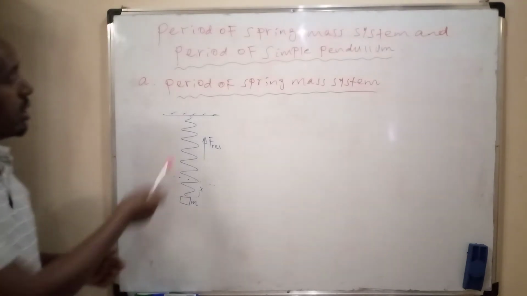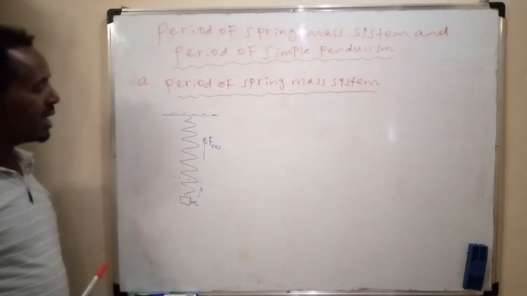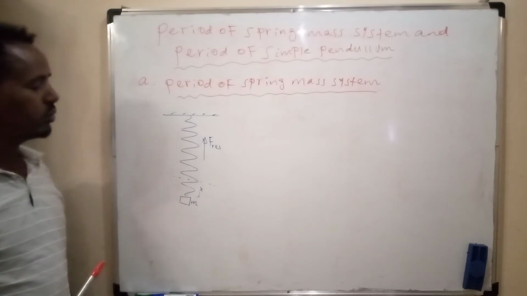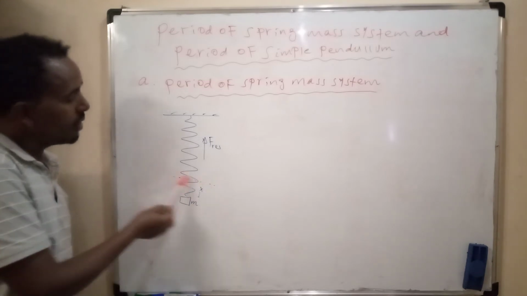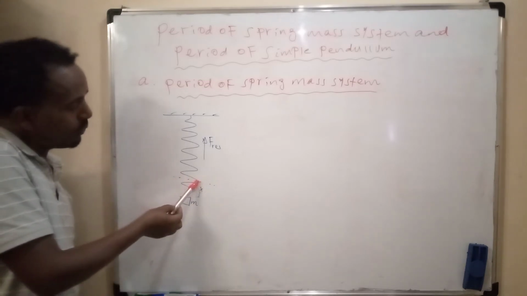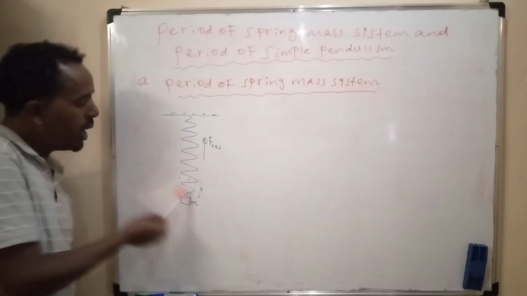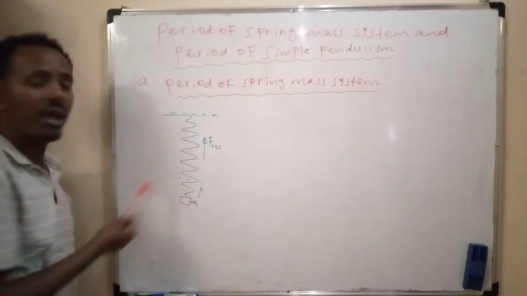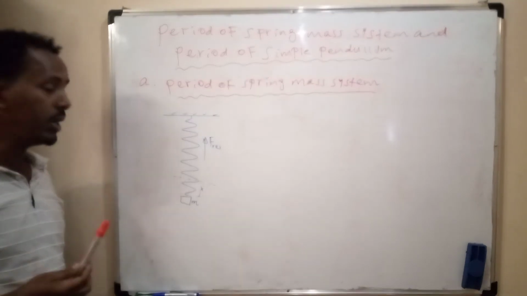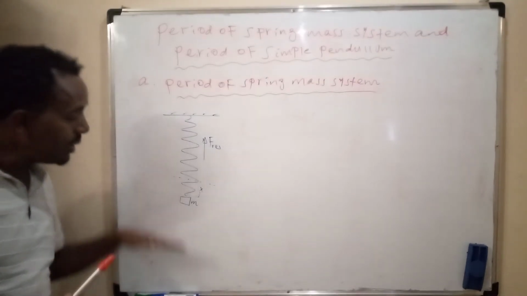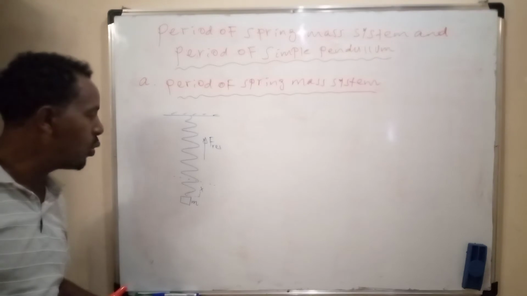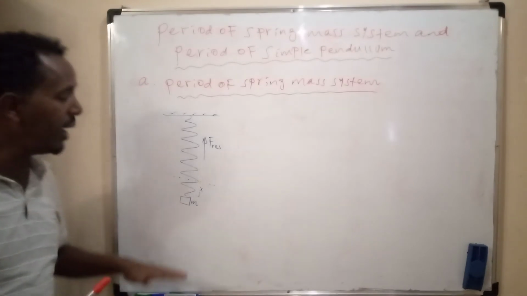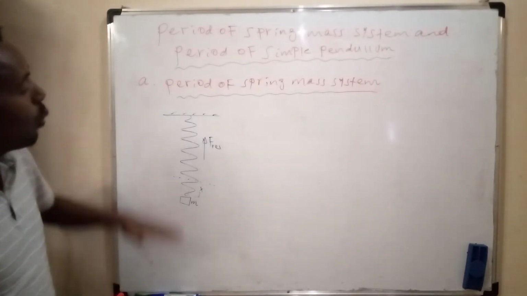So, look at this spring mass system. Mass is attached to the spring, and this is the equilibrium position. The distance from the equilibrium position to this point is the extension, symbolized by x, displacement. The spring moves down, extends, and returns back. It is compressed.